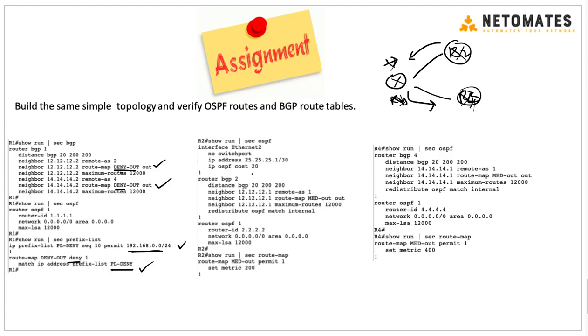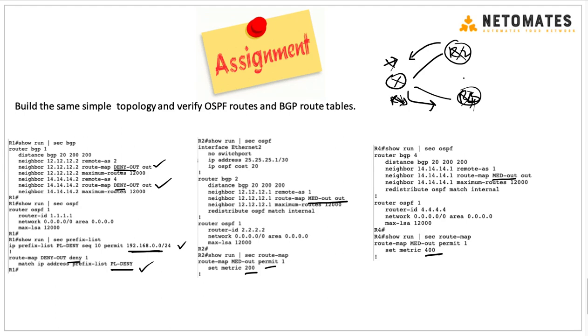Next, on R2 we have applied the route map med out, and the configuration is this. Go to the route map and set the metric with the permit statement so that it will apply the metric 200 to all the routes. And then on R4 we are doing the same route map med out direction and applying the metric as 400.